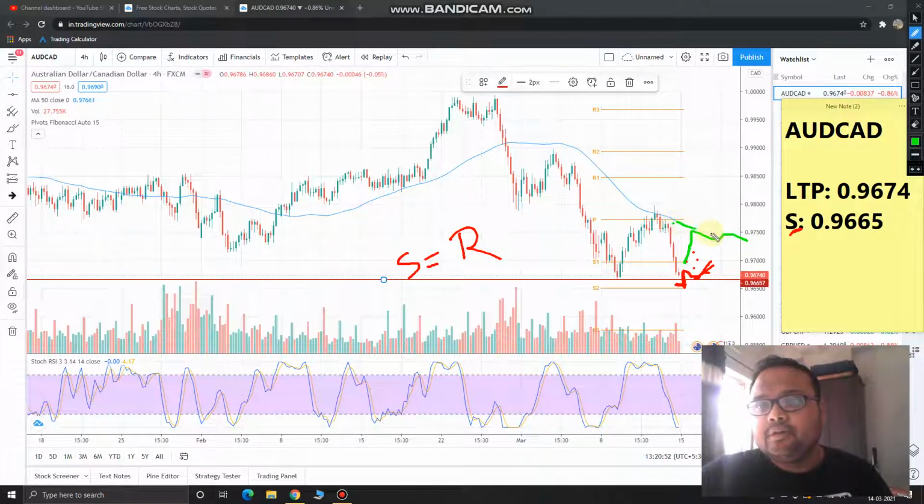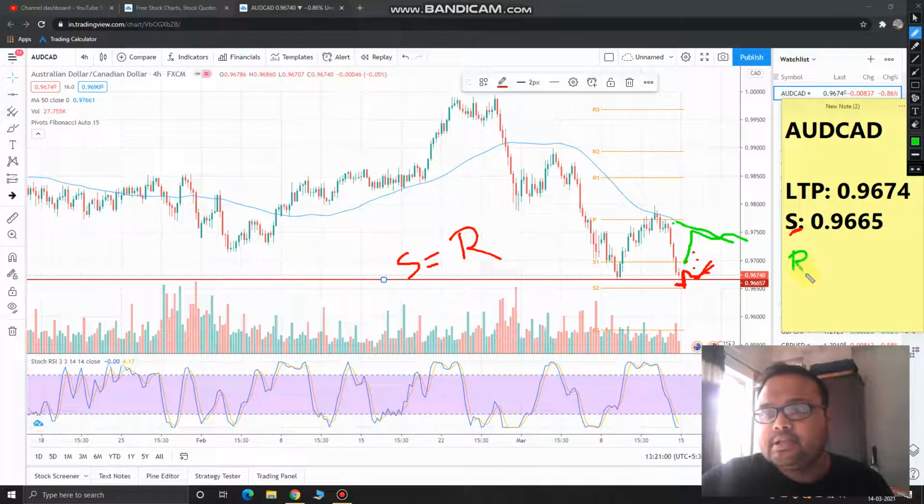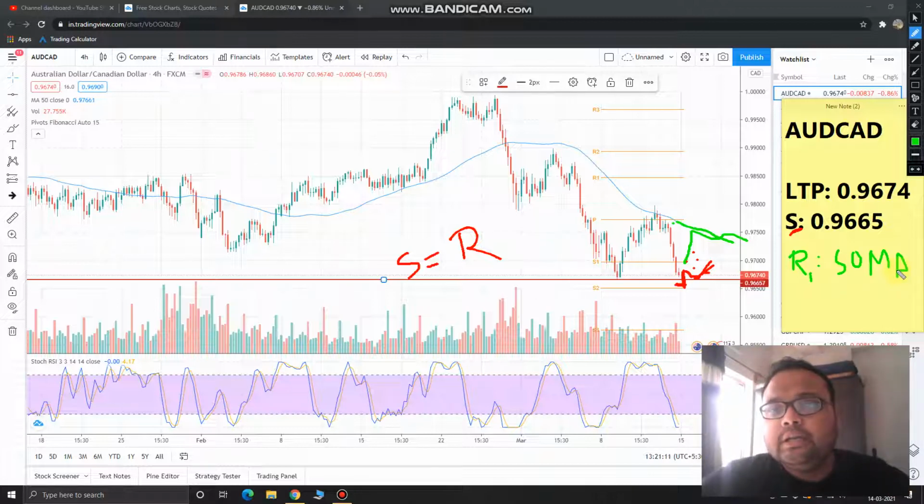So this is the 50 moving average. You just need to wait and watch. So your first resistance is the 50 MA. 50 moving average is the first resistance. You just need to wait and observe how the price reacts once it hits the 50 moving average.